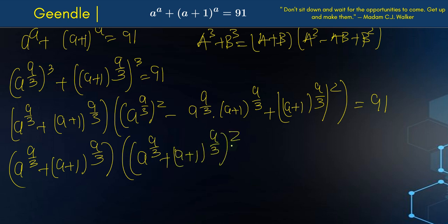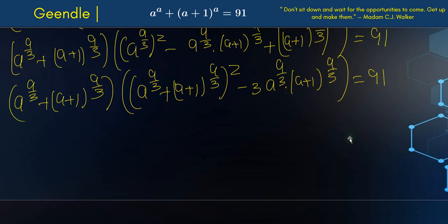When I apply this power, I'm going to have 2 times the product of these terms, but I have a negative sign here, so I'm going to say minus 3, which multiplies a to the a over 3 times (a+1) to the a over 3. Now that's okay, and now this is 91.